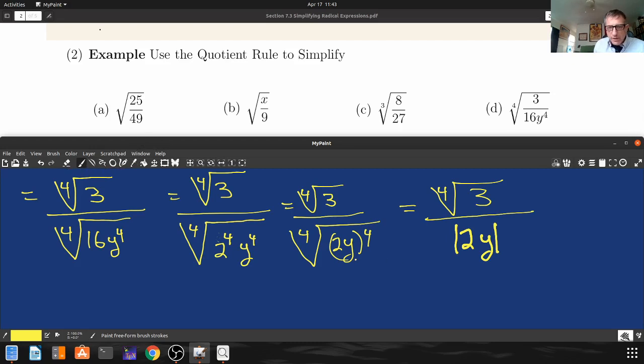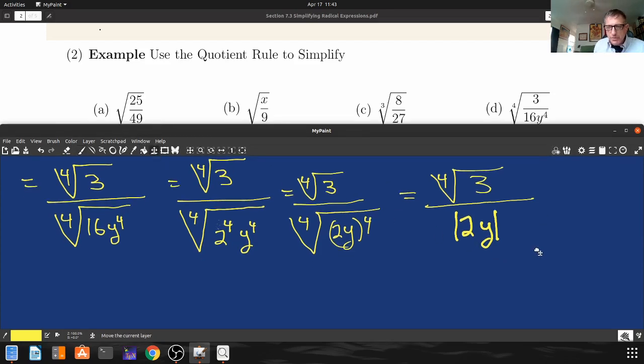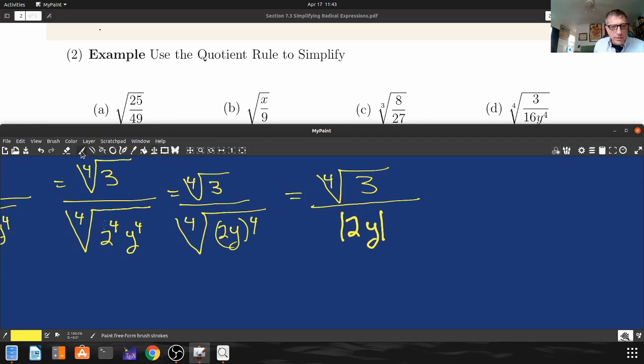So if y is already assumed to be positive, then we don't have to put the absolute value here. I'm just being really technical. I'm using what we just learned in our last lecture. So the end result is the fourth root of 3 over, since 2 is already positive, 2 times the absolute value of y.